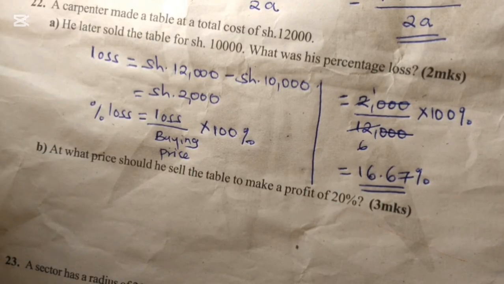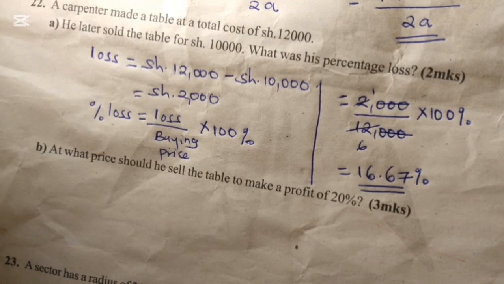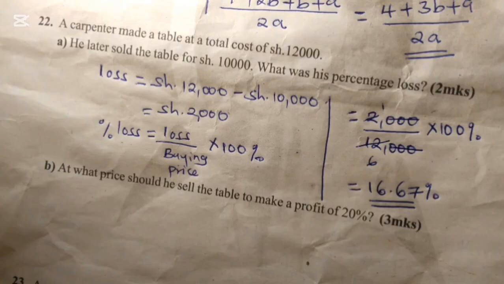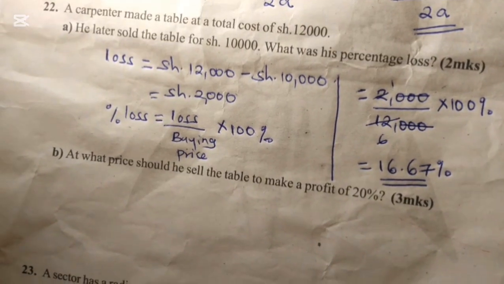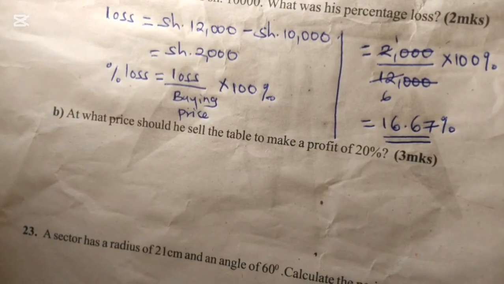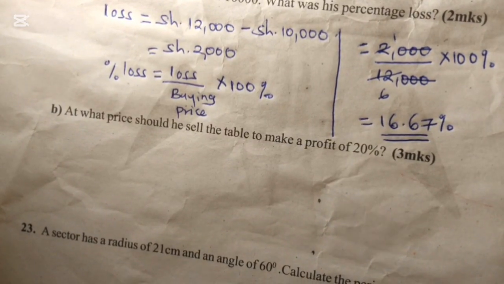So the percentage loss is 16.67%. Part B of the question. At what price should he sell the table to make a profit of 20%?